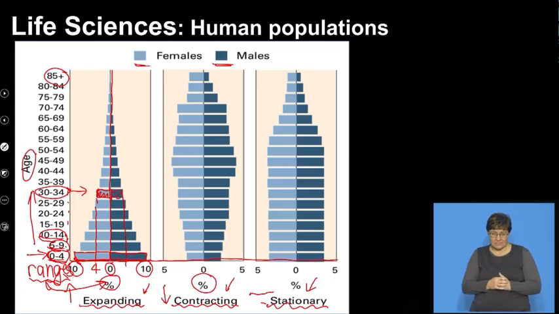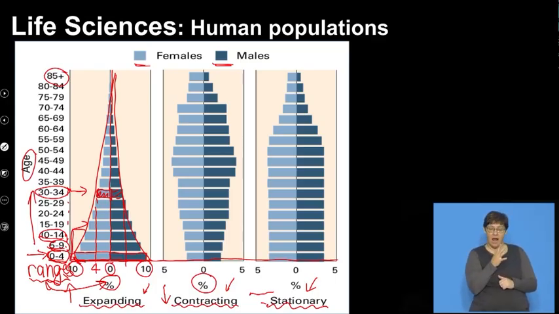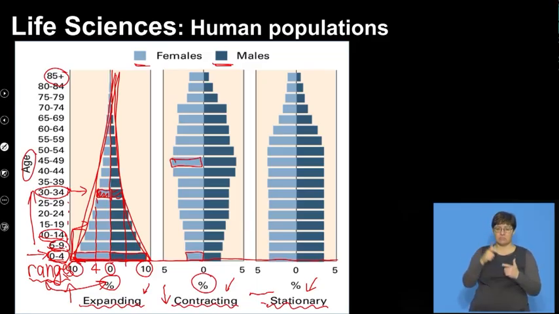And when our population is growing, we've got lots of young children in the population, we see this typical pyramid structure. When we see that there are fewer young children than there are adults, we see that our pyramid is a little bit skewed and a little bit upside down, and this shows us that our population is decreasing.